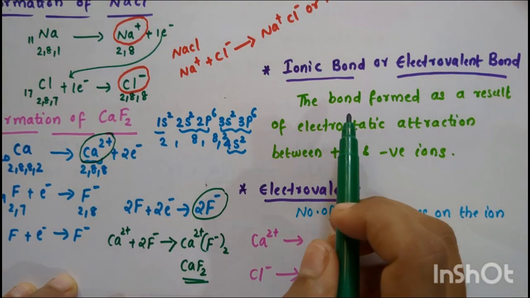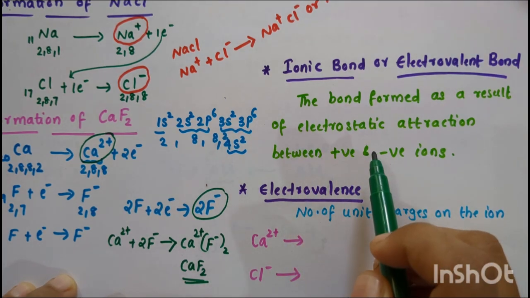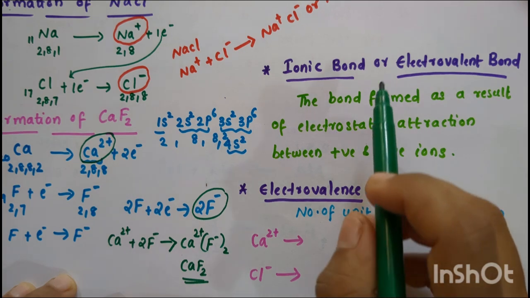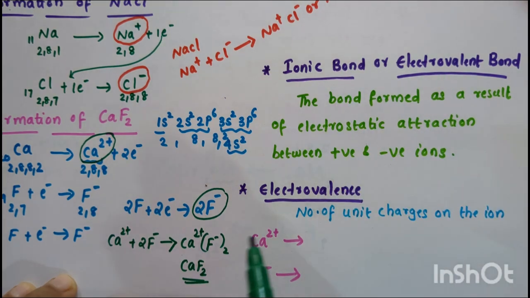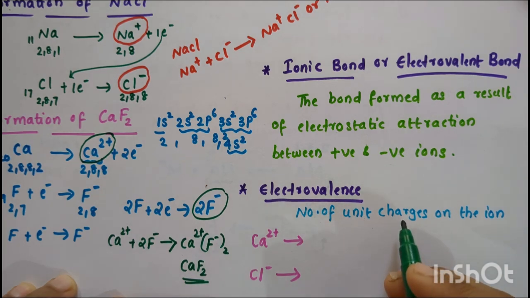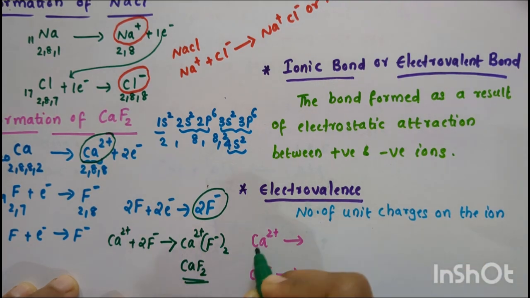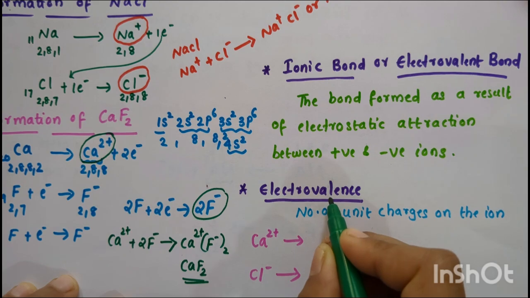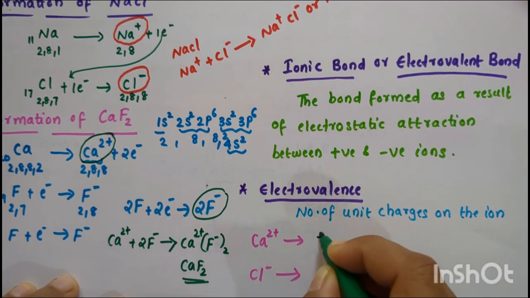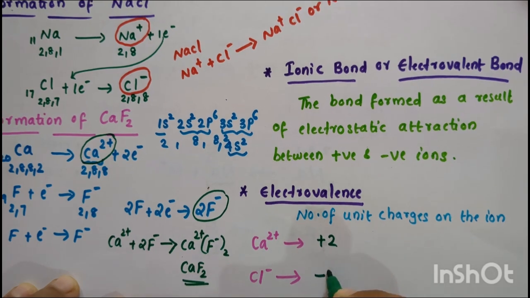Electrovalence is equal to the number of unit charges on the ion. For example, for calcium Ca2 plus, its electrovalence will be plus 2. For Cl minus, its electrovalence is minus 1.